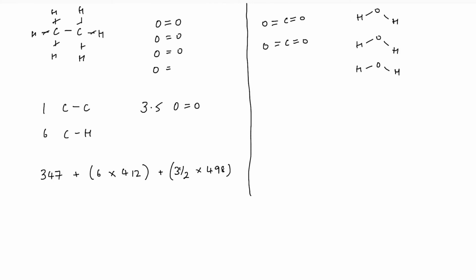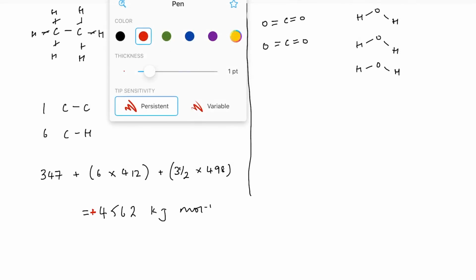And if I plug that into my calculator, the total amount of energy I need to break all the bonds in the reactants comes to 4,562 kilojoules per mole. Now this is a positive value because I am breaking these bonds.